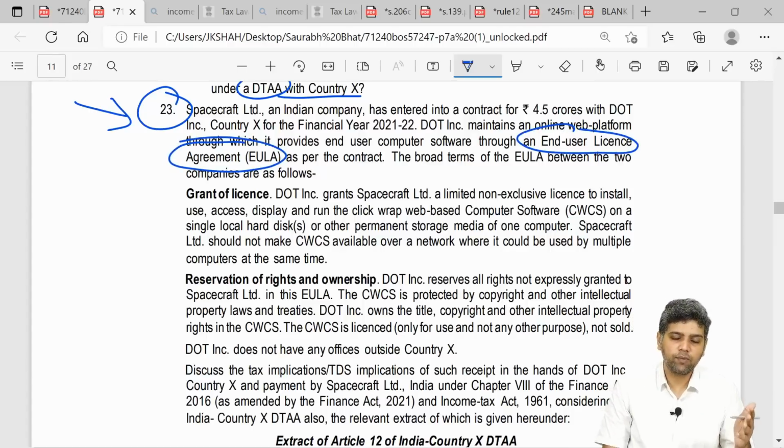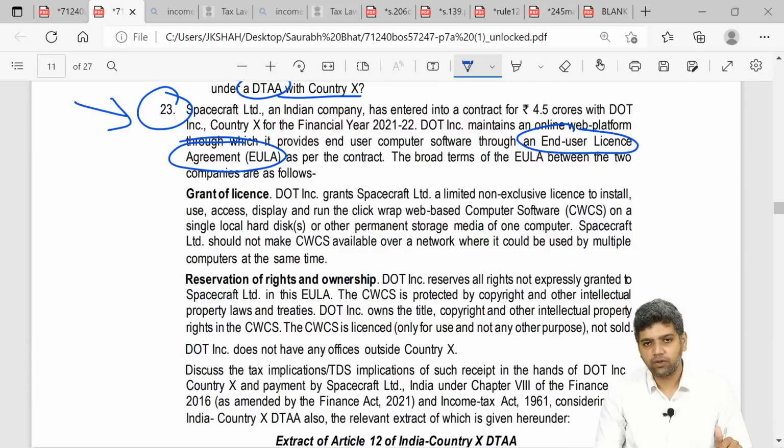In this context, Supreme Court of India has held that if there is an end user license agreement, then the user gets very limited rights with regard to the particular software, and therefore you cannot say that there is a transfer of rights in software or transfer of a copyright to the user. So in the context of DTAA, payment with regard to such kind of software cannot be regarded as royalty.